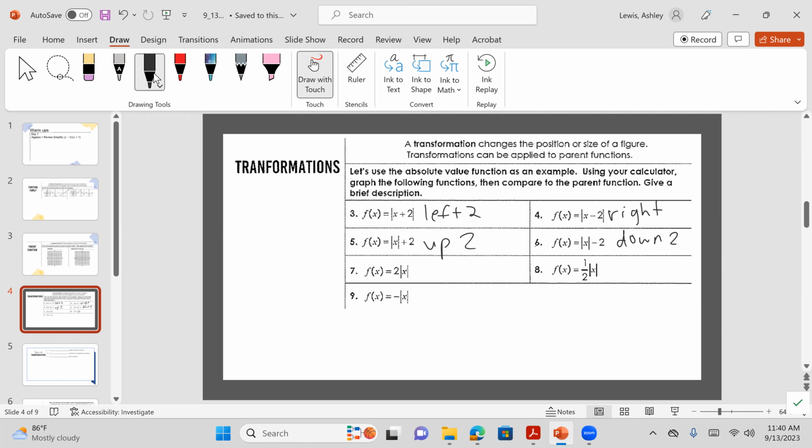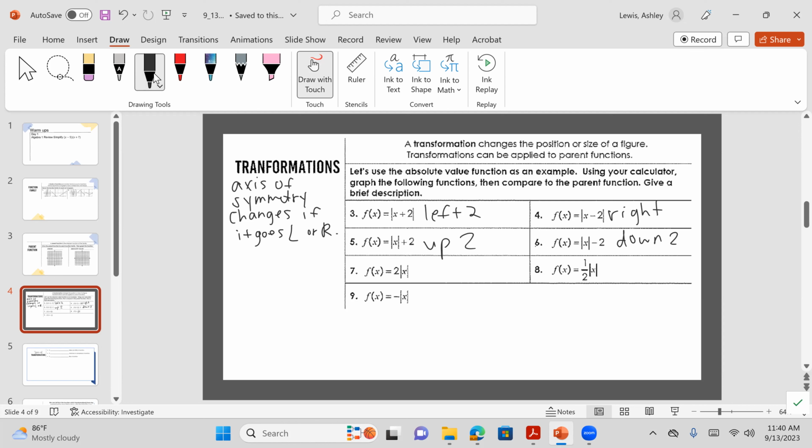Okay, what I want you guys to write on the side: the axis of symmetry changes if it goes left or right. So the axis of symmetry will change if your graph moves left or right.